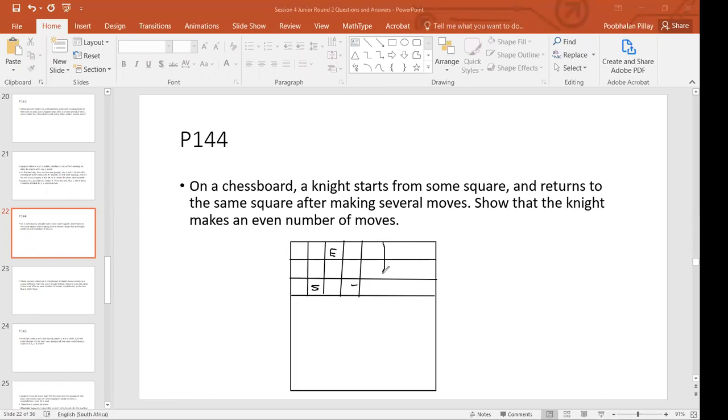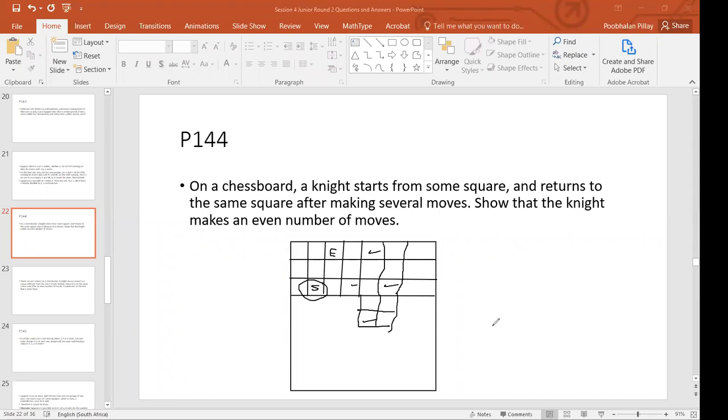And then he goes to that. And then he goes to that. And maybe it goes 2 units down. Comes down, he finishes here. And he does all these things. And in the end, he lands back at the square here.